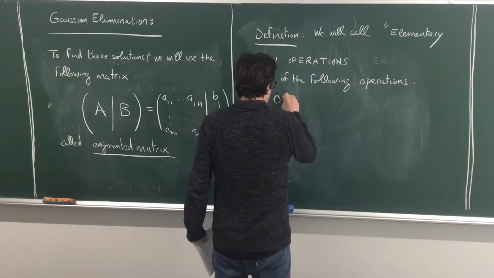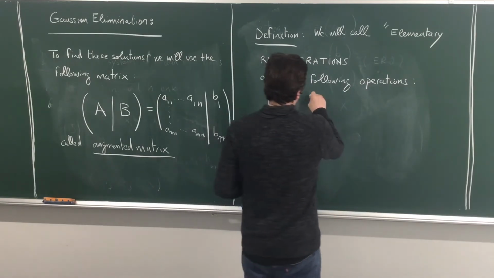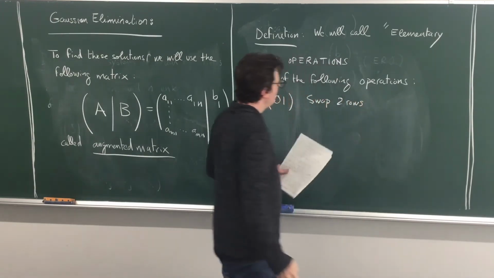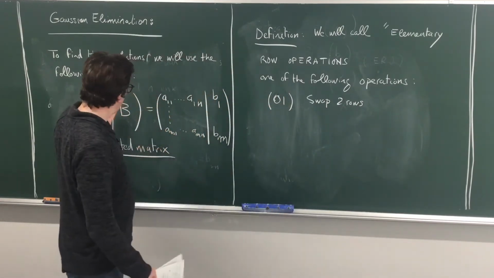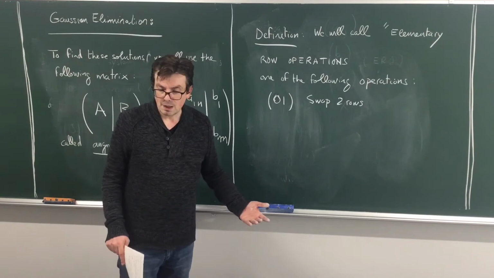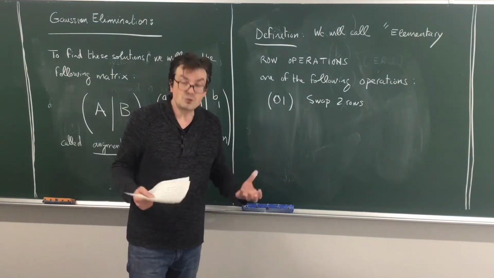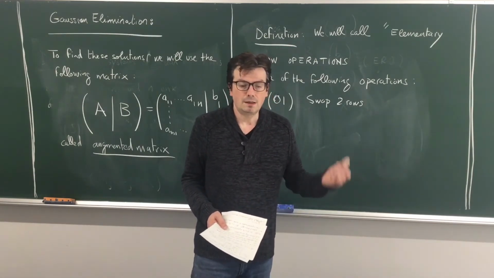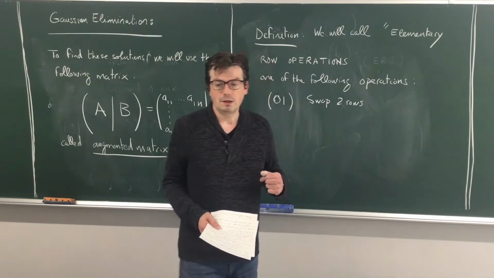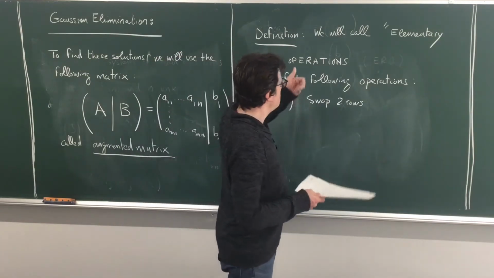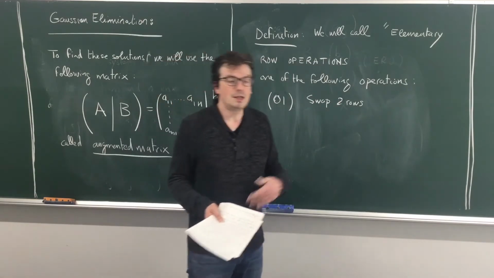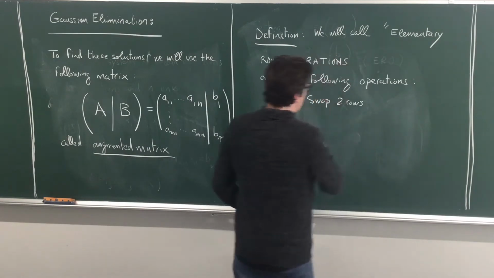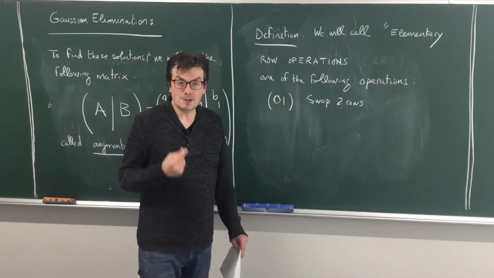First, operation 1, we will swap two rows. Now observe that if you have your system of linear equations and you have a solution, then it means that this solution satisfies simultaneously the m equations. So it doesn't matter if you consider equation 1 first or equation 2 second, you can swap them, it will give you the same set of solutions. So this operation definitely will not change the set of solutions.